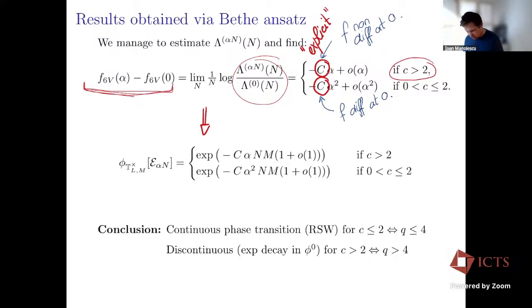I also mentioned that these constants are relatively explicit, and they are related to things.